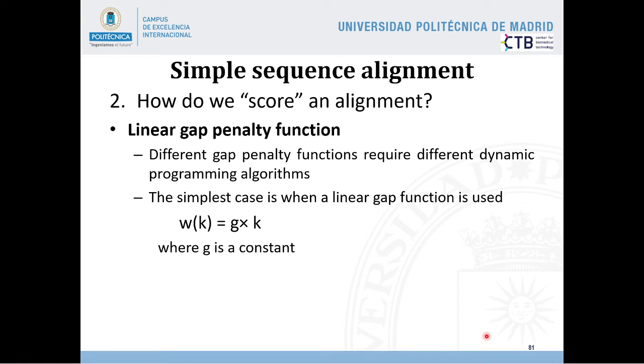So we penalize the gaps with a k number. For example, we say that gaps penalize 10, and we have three gaps, so 3 multiplied by 10, 30, okay?